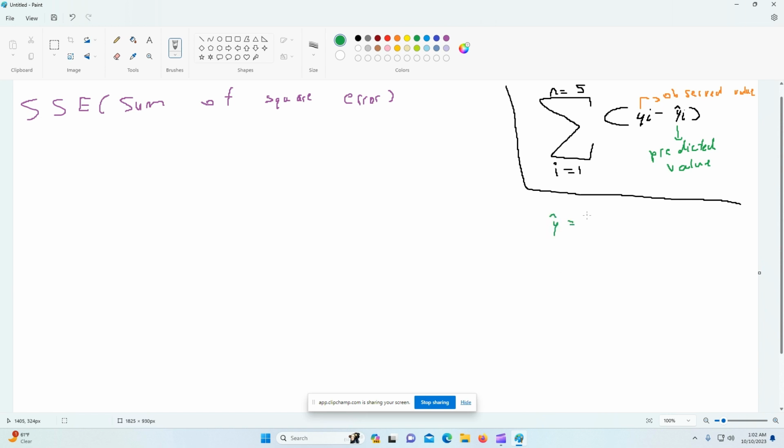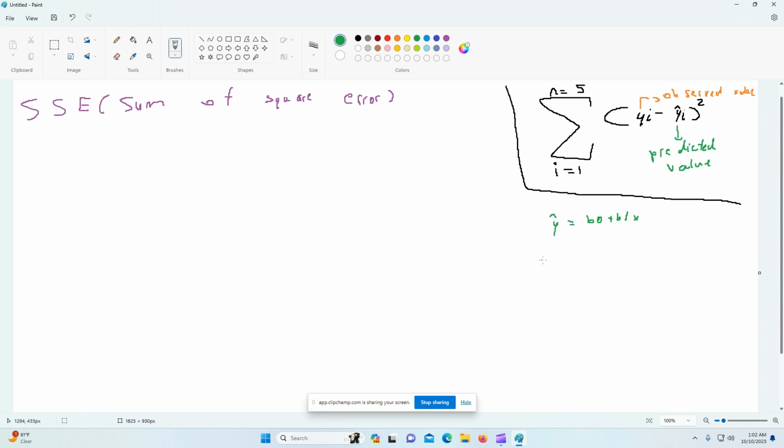Y hat is calculated like this: b0 plus b1x. And actually I forgot, this should be squared. Sorry about that. Essentially what this is doing is, for each data point, it's subtracting every single y value minus our prediction.